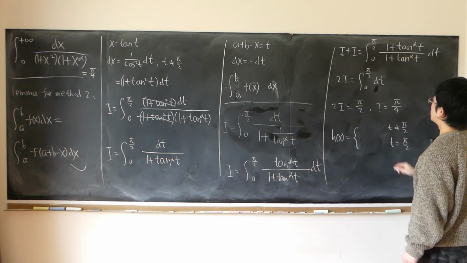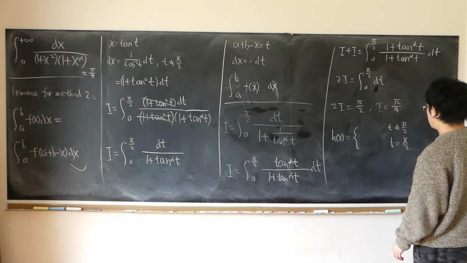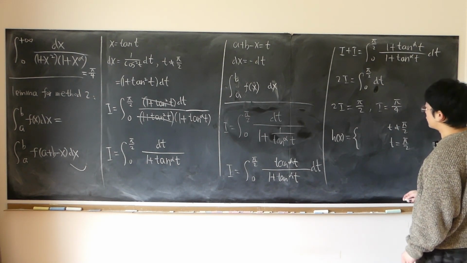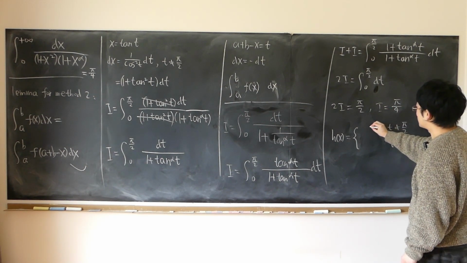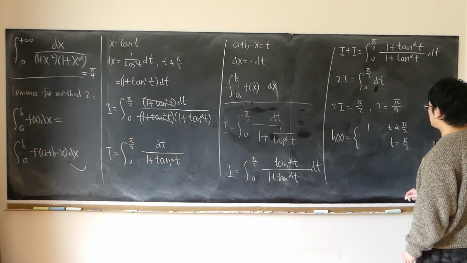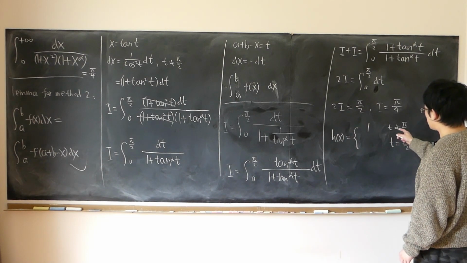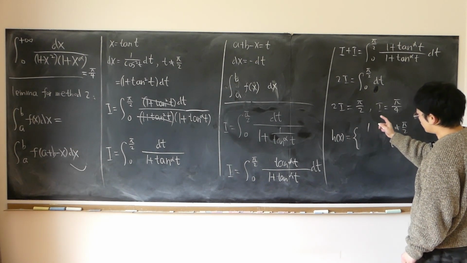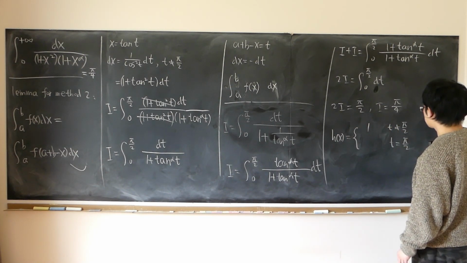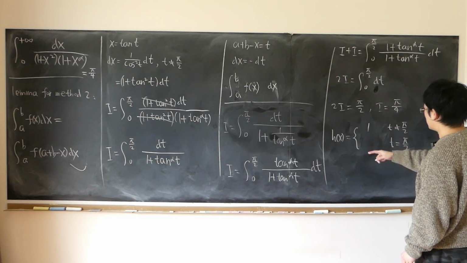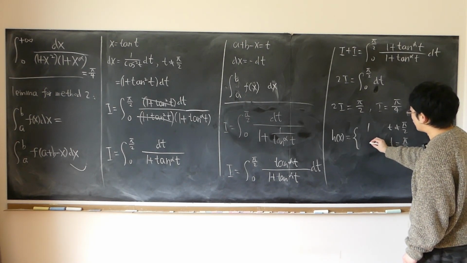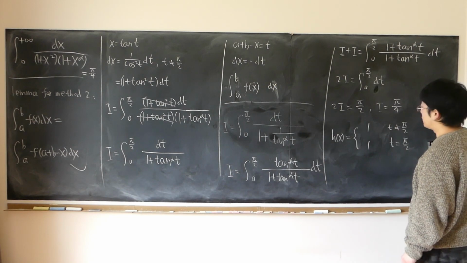The integrand is just 1 when t is not equal to half pi. When t is equal to half pi, because as t approaches half pi the function approaches 1, we can let the function be exactly 1 there.